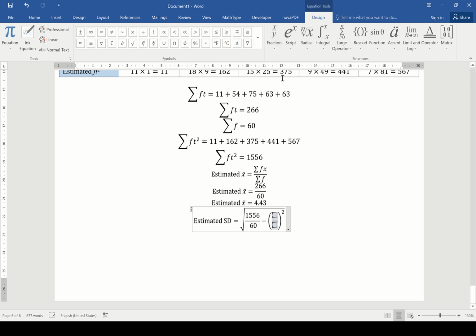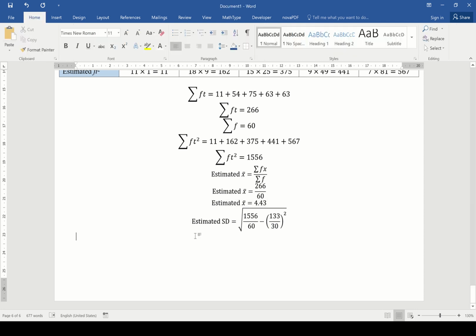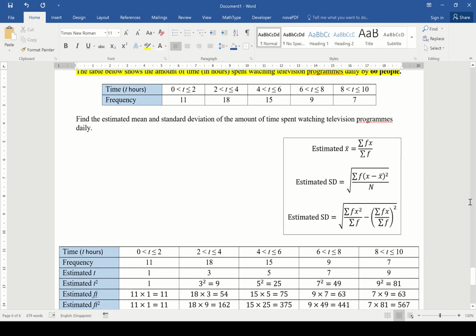So let's just put the exact fraction itself, 133 over 30, and you will get equals to square root 1556 over 60 minus 133 over 30 square, and you will get 2.51, again rounded off to 3 SF. So now you can answer the question.